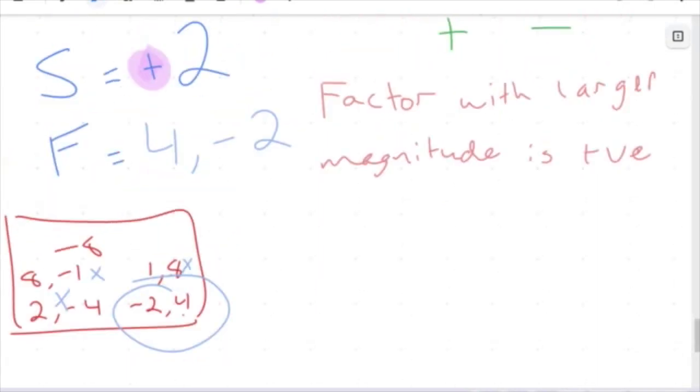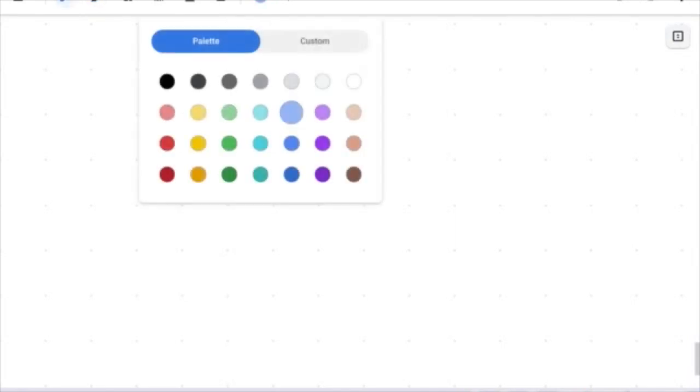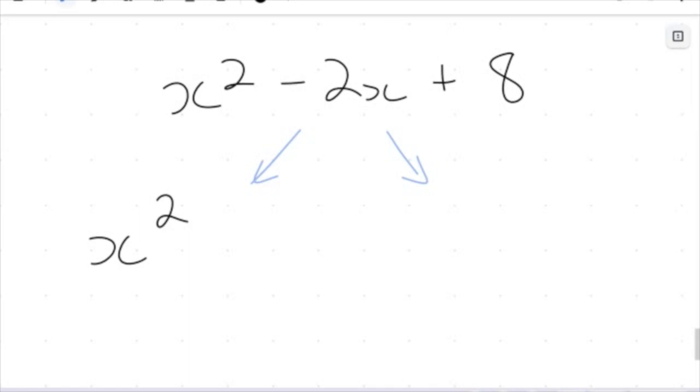All right, now that we know these, we can break down x squared plus 2x minus 8. Let me write that again. My x squared stays the same. The 2x I'm breaking into plus 4x minus 2x.